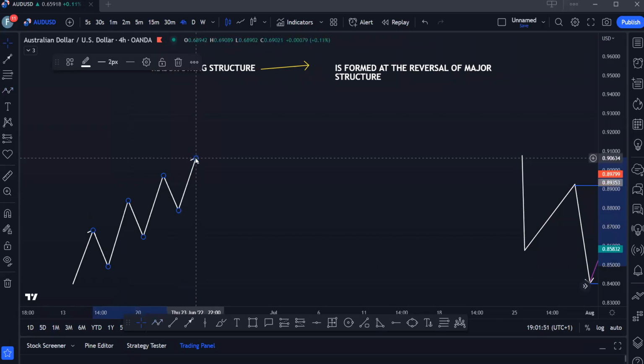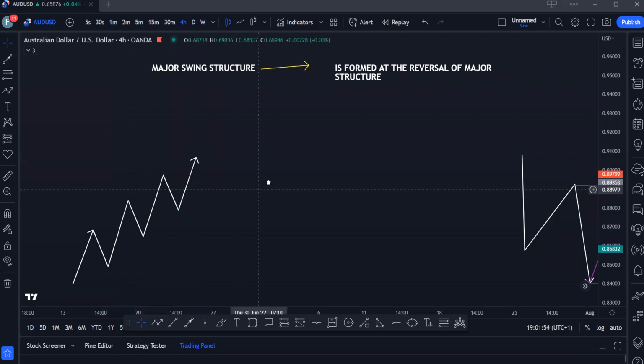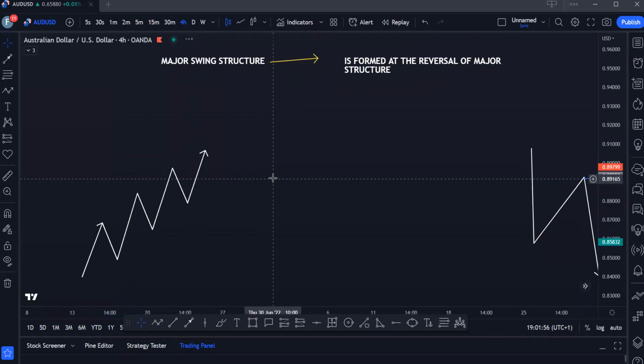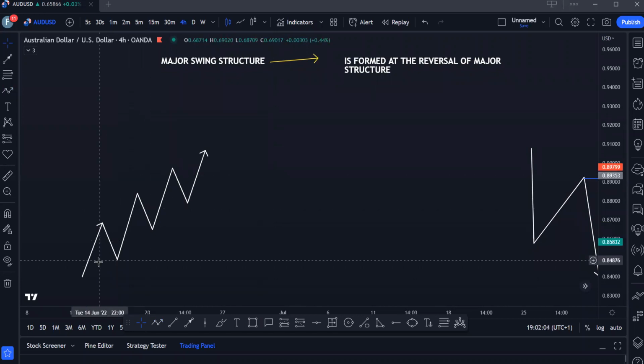Now, something very similar to what we have on minor structure when it comes to change of character is for a major structure to also shift.